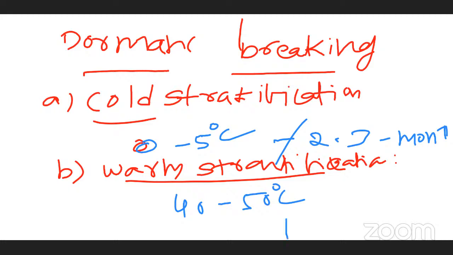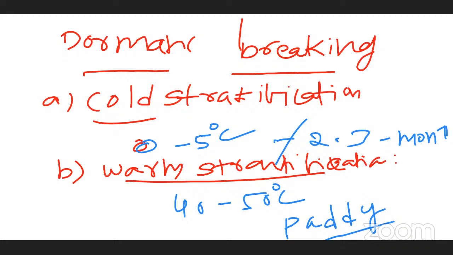Examples are paddy, rice, wheat, and so on. So this 40 to 50 degrees centigrade is applied for 2 months for seed dormancy breaking. These two are the breakage methods by stratification.